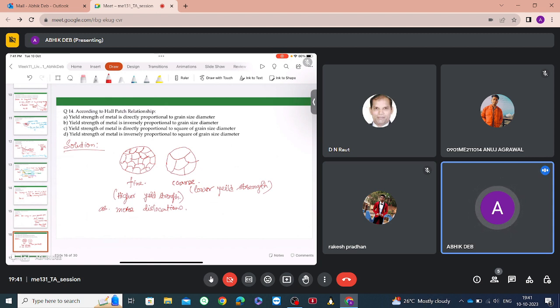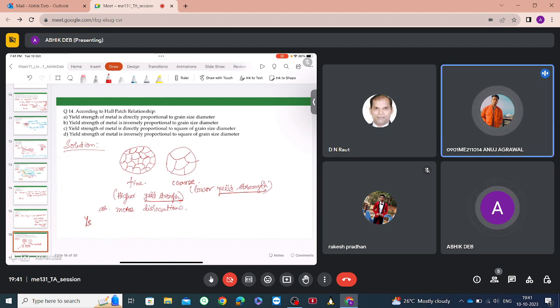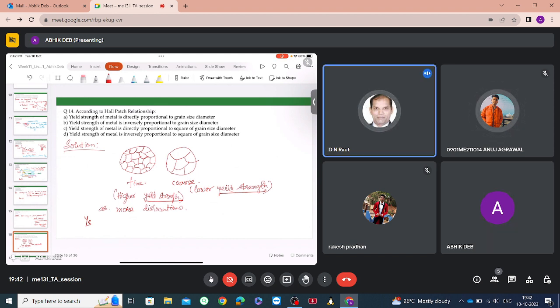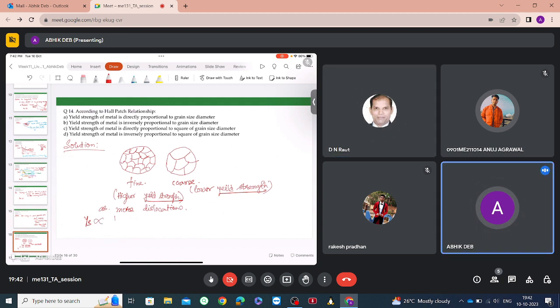Where is the diameter of the grain more, fine or coarse? Coarse. So as the diameter is increasing, is the yield strength increasing or decreasing? Decreasing. So yield strength is inversely proportional to the diameter of the grain. This is the Hall-Petch relationship.